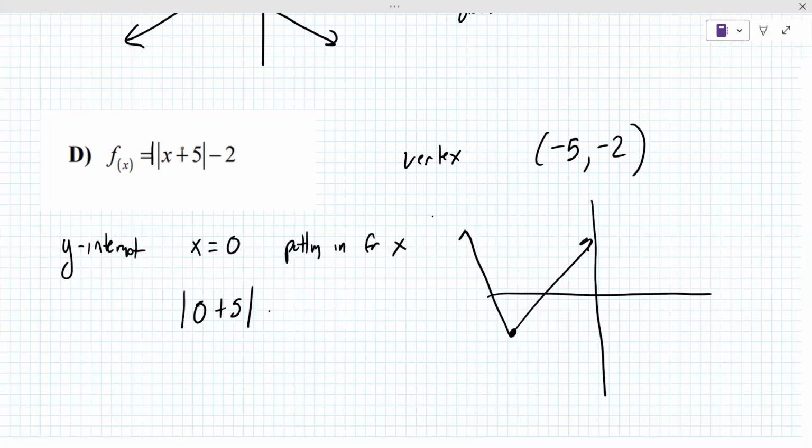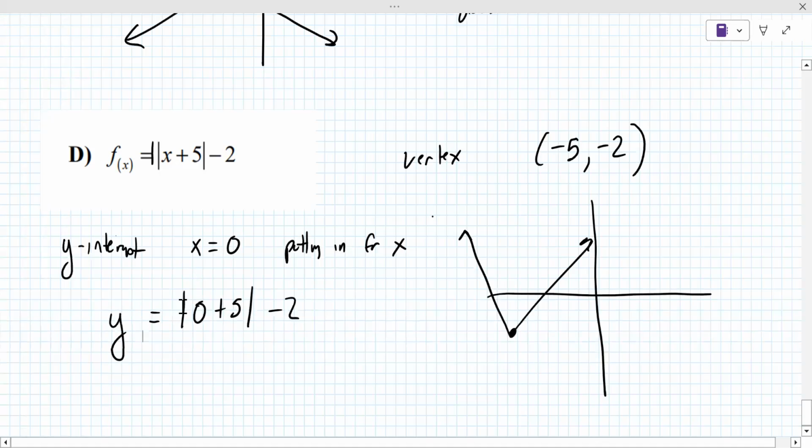Let me, I realized maybe I wasn't being clear. This is what I'm asking you to do. Kind of stuck. Okay, let's go through this together. 0 plus 5.